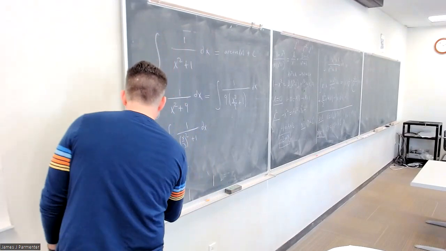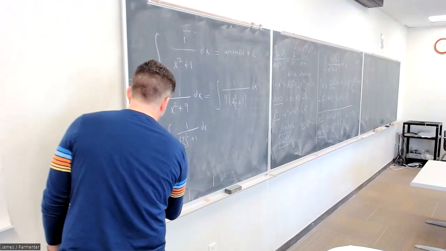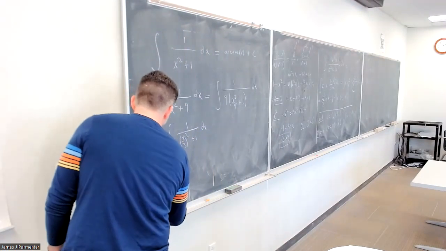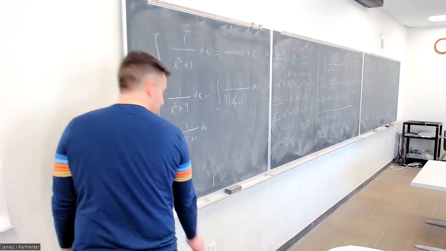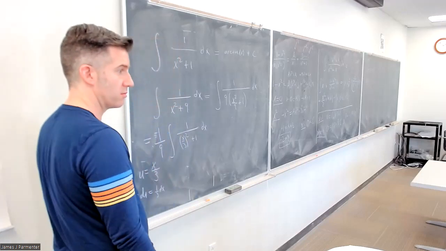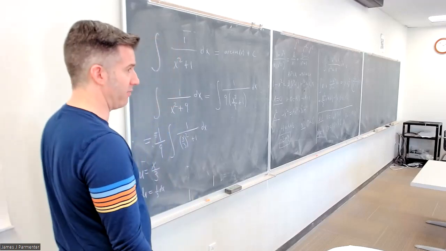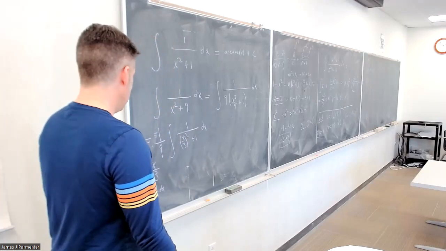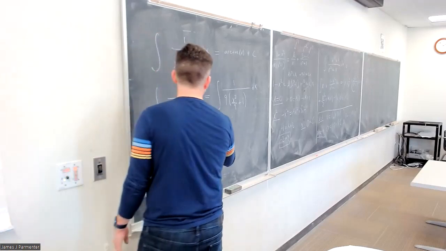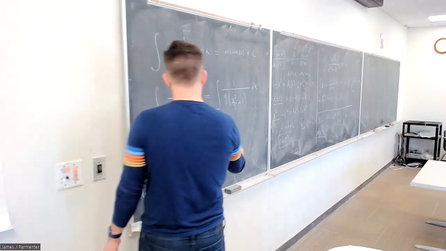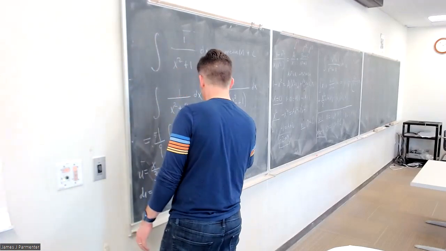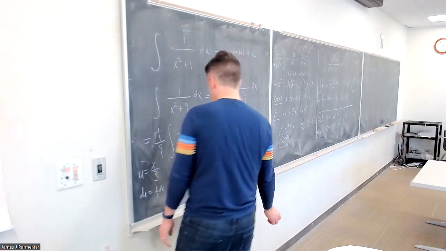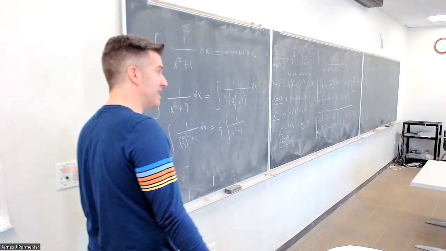If you let u equal x over 3, my du is going to be 1/3 dx. I'm not using the quotient rule there. I'm just saying I have 1/3 times x, and the derivative is 1/3 times 1. So then I'm going to rewrite this as 1/9 integral of 1 over u squared plus 1, and my dx is going to equal 3 du.